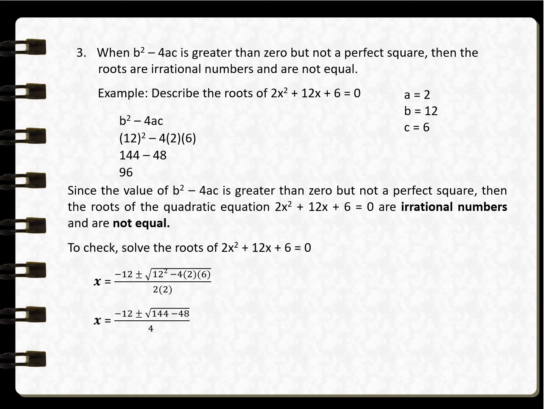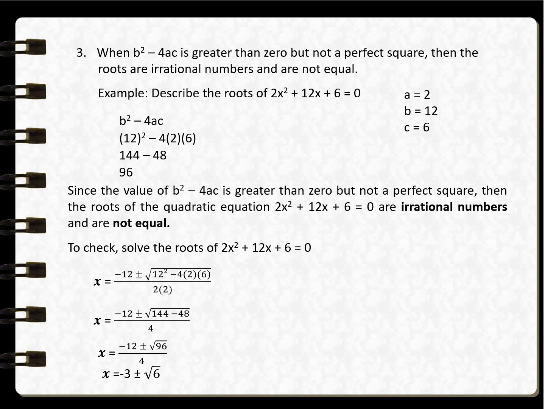So, nagiging negative 12 plus and minus the square root of 144 minus 48. And negative 12 plus and minus the square root of 96. Ang square root ng 96, negative 12 plus and minus the square root of 96 over 4 gives us negative 3 plus and minus the square root of 6.